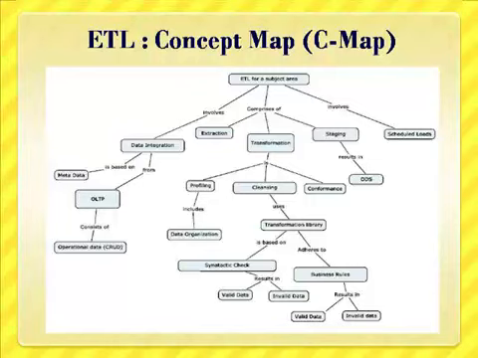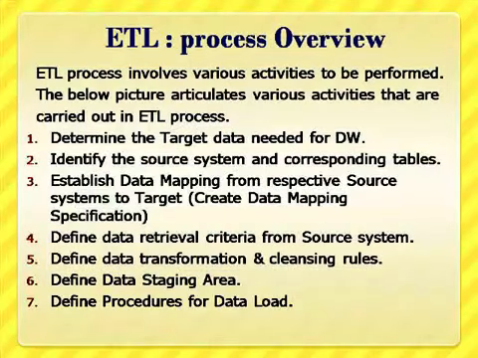Once the valid data has been confirmed to be genuine, this data is then stored into a staging area. A staging area results in the ODS. ODS stands for operational data store. This is the place from where the data finally gets loaded into the data warehouse tables, which are basically dimension and fact tables.